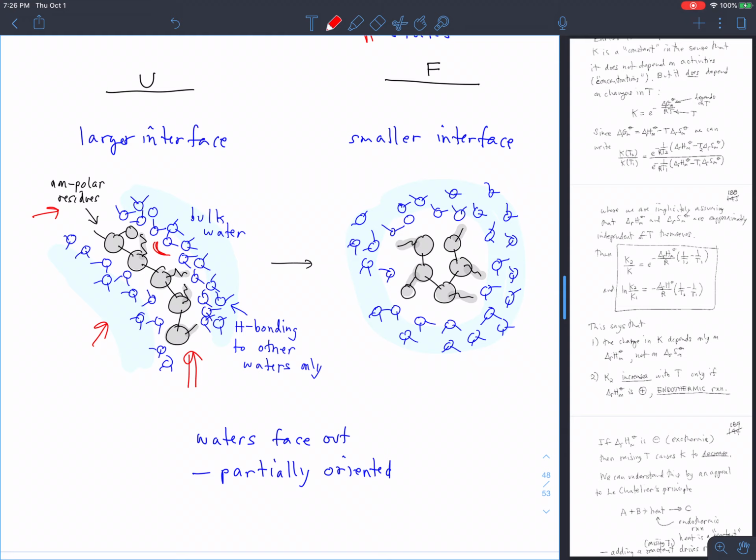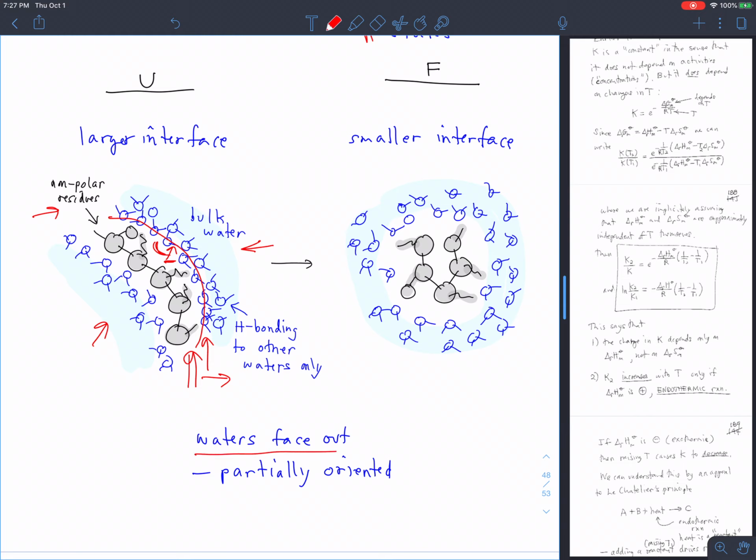Nonpolar residues have a big nonpolar side chain, for example, in each case. And that doesn't give the water any opportunities for hydrogen bonding. What that means is that the water can hydrogen bond only with its neighboring waters. And that means that statistically, in this layer of waters that's next to the hydrophobic molecule, the waters tend to be oriented with their little hydrogen bond donor hydrogens pointed outward.